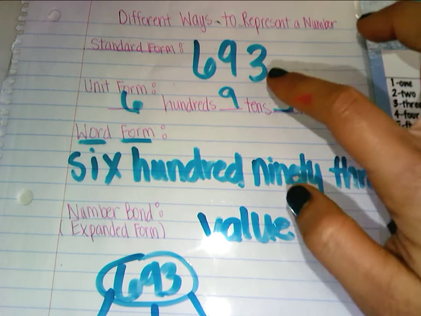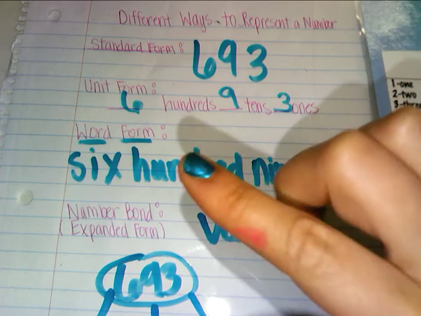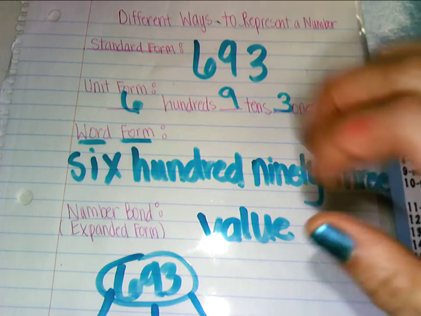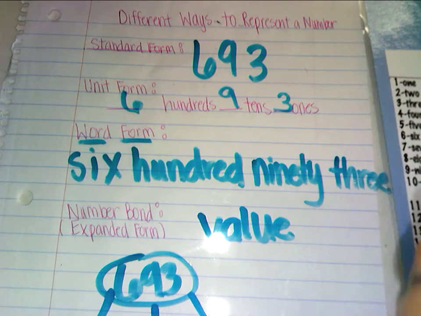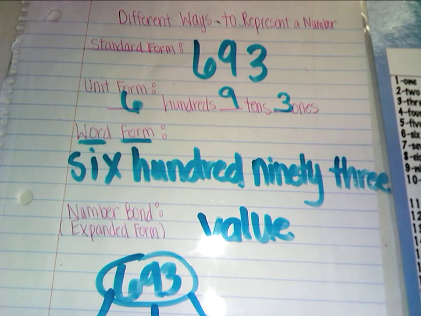If a digit's in the tens, you count by tens. 10, 20, 30, 40, 50, 60, 70, 80, 90. If a digit's in the ones, you count by ones. 1, 2, 3. That part should be easy, right?